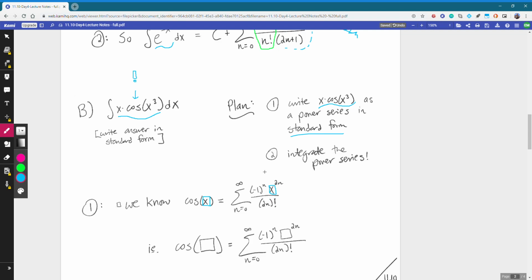All right. So at this point, pause the video and see if you can use this general formula to figure out how to write, you could do it in 2 steps if you wanted, cosine of x cubed as a power series, and then multiply that by x, get that in standard form, and then integrate.